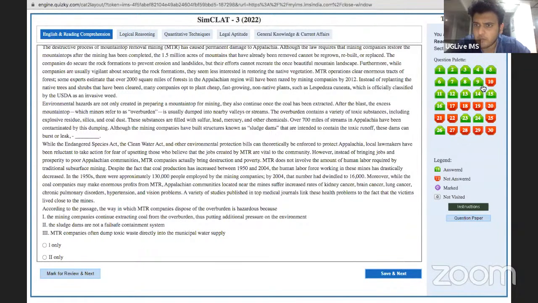Small question ज़्यादा है ना इसमें. 15, 16, 17, 18.